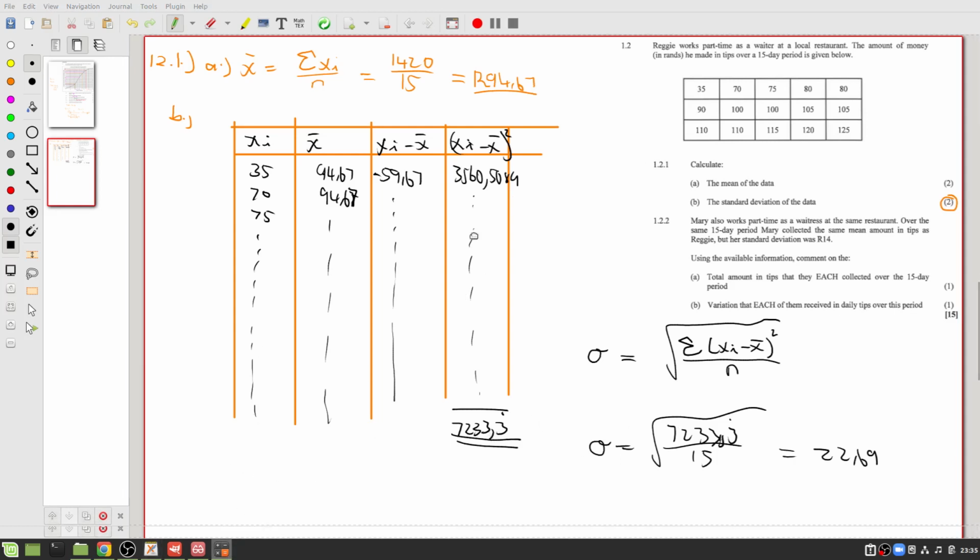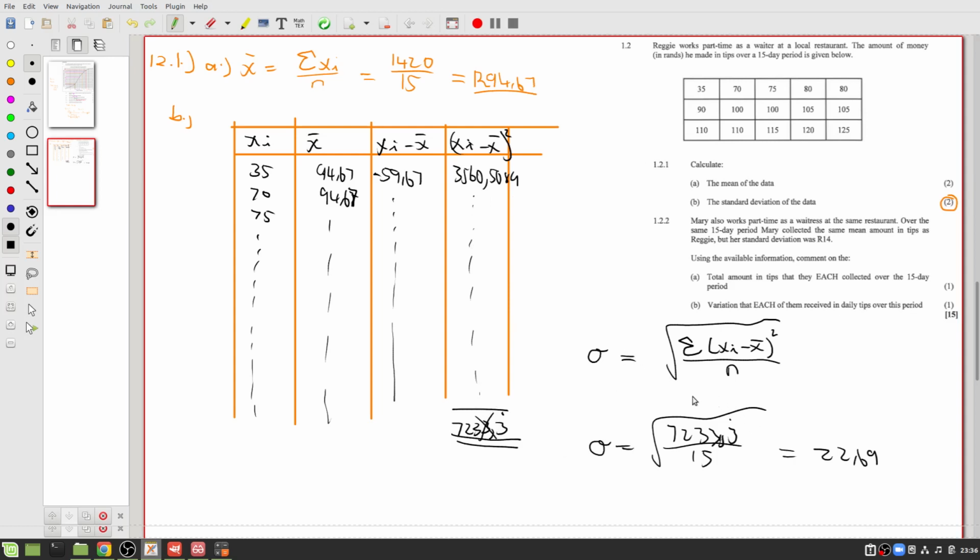If we do the square root of 7233.3 recurring, let's put a couple of 3's, over 15, let's see what happens, 21.95. Okay, so that's not exactly right, so it should be something different than 7233, but whatever this answers, this number is wrong, but it's close to that. You just sum all of this. That's how you calculate the standard deviation.